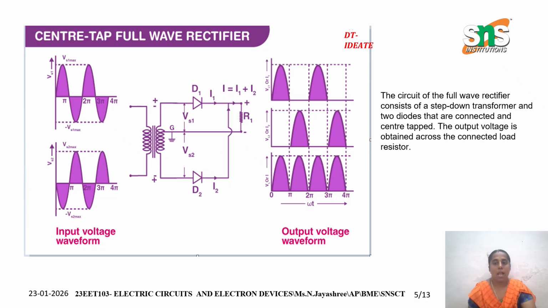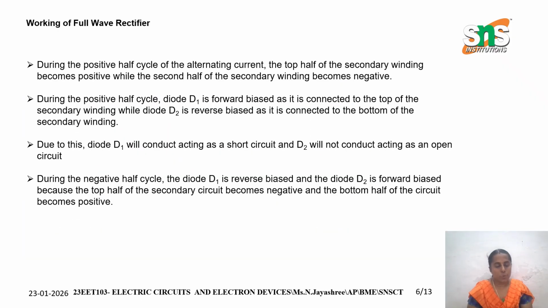And next, during the positive half cycle of the alternating current, the top half of the secondary winding becomes positive, while the second half of the secondary winding becomes negative. During the positive half cycle, diode D1 is forward biased, as it is connected to the top of the secondary winding, while diode D2 is reverse biased because it is connected to the bottom of the secondary winding.